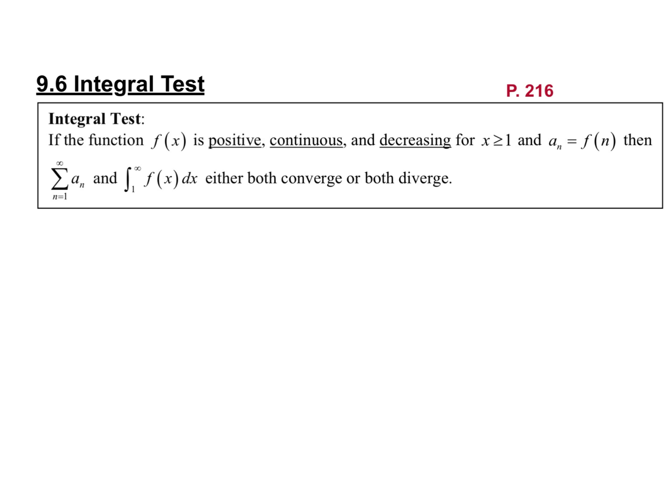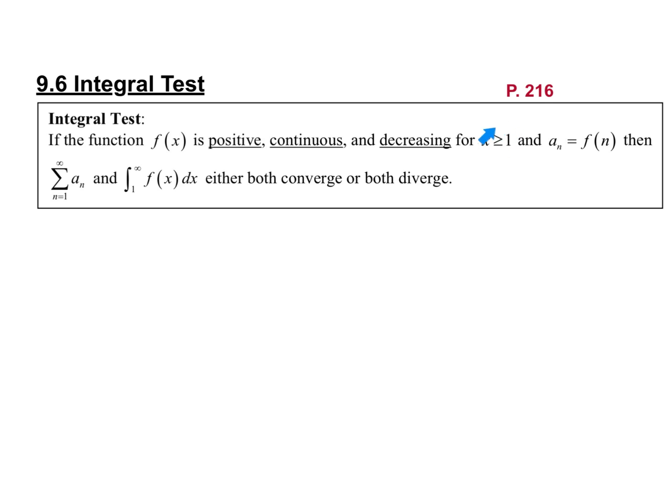Okay, so we do have some conditions like I mentioned. In order to use the integral test, we have some function. It must be positive, continuous, and decreasing for all x values greater than or equal to 1. That's important to pay attention to. If we're talking about x values less than 1, it doesn't really matter.